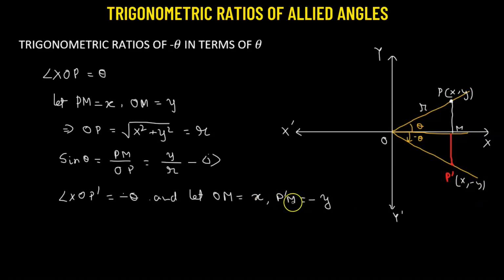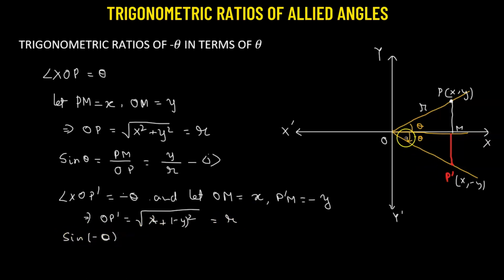Now that we have P prime M, we can also find the value of OP prime. OP prime will be the square root of X squared plus negative Y squared, so it's still equivalent to R. Now we can define sine negative theta.